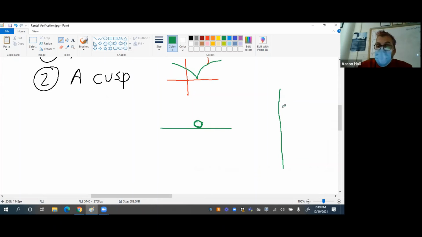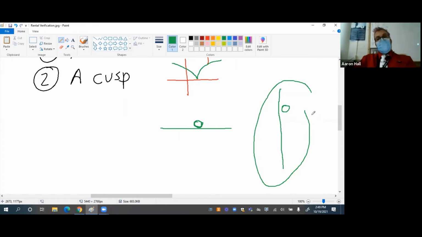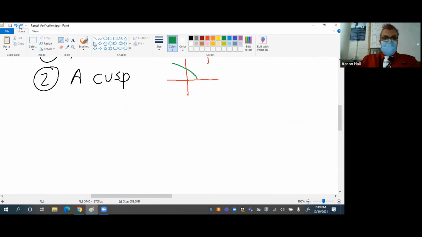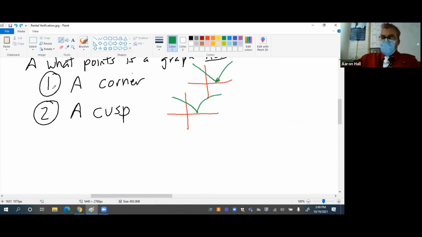Does the marble just stay there? It just drops. So what's the slope of a vertical line? We say it's undefined. Is it infinity? Maybe, but mathematicians just say that it's undefined. So we're going to say that third one is a vertical tangent.